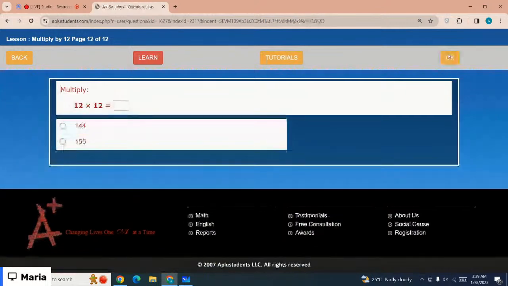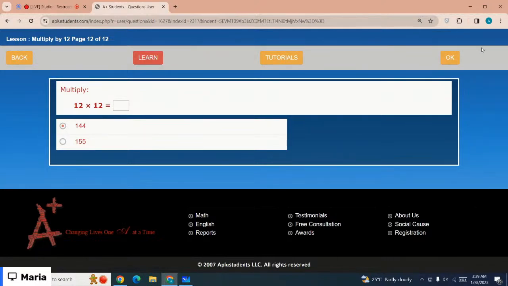Okay, the next one is 12 times 12, which is the correct option? Yes, the correct option is 144. So 12 times 12 equals 144, right?